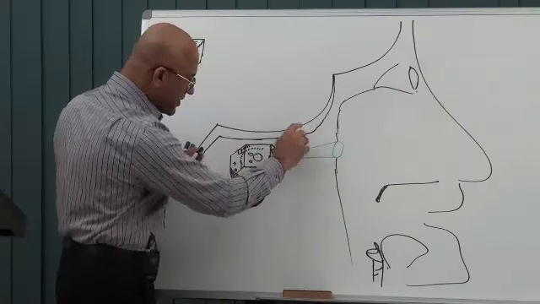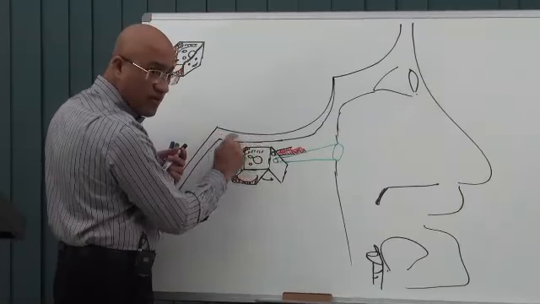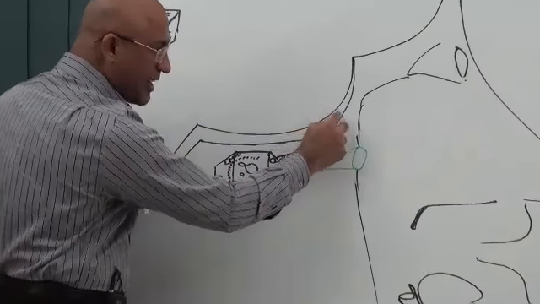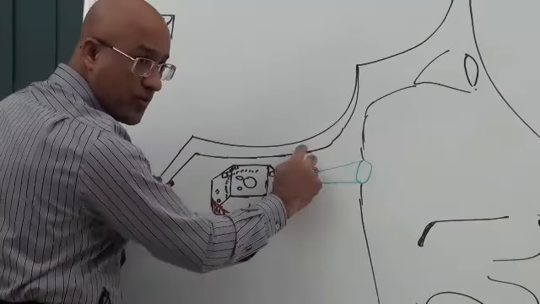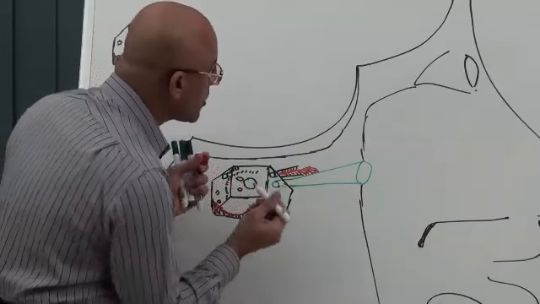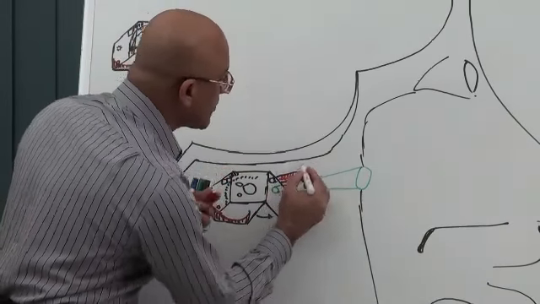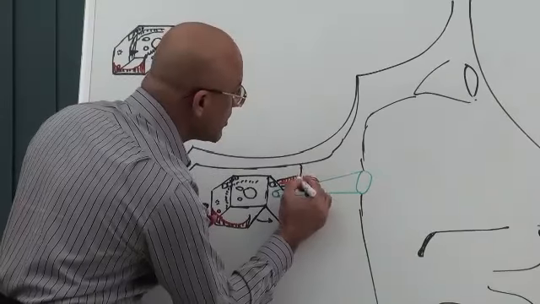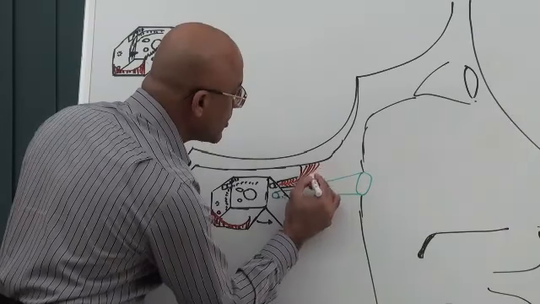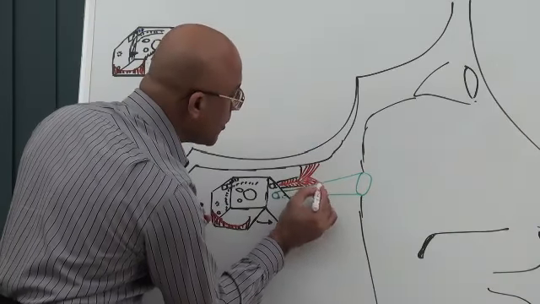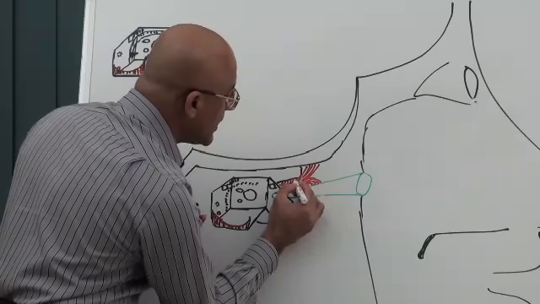Now, this is basically the petrous part of the temporal bone here, and here is the greater wing of sphenoid bone, right? So it also takes origin from the under surface of the greater wing of sphenoid bone, right?